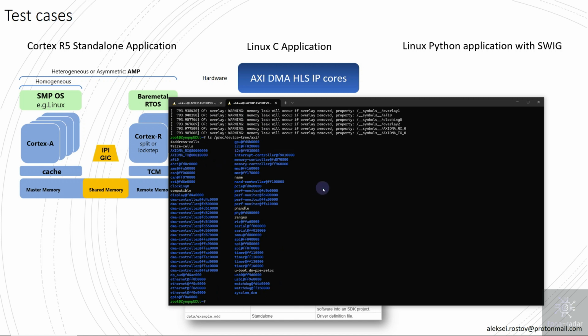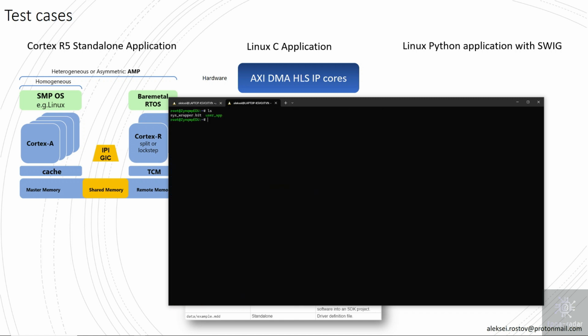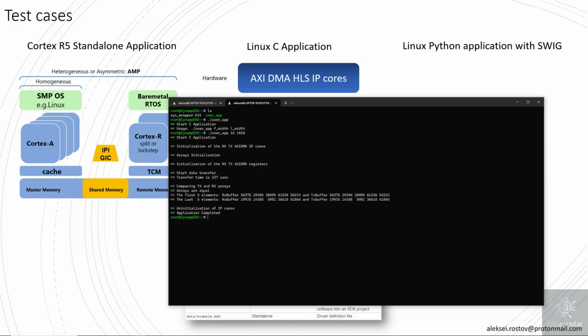Okay, so we are ready to execute the binary file from the Linux C application. Let's start. No, because we need to specify the parameters of the array we would like to send. Let's use the same parameters that were used for the standalone application, 16 by 1024.